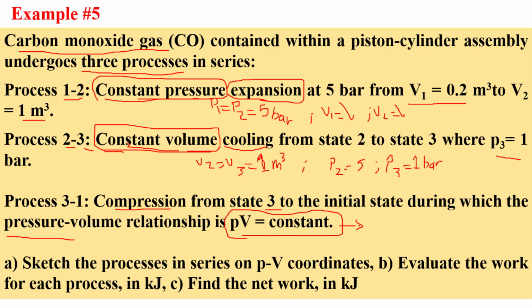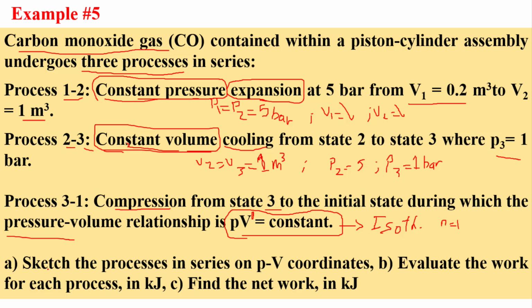We can call it an isothermal process. Why isothermal? Because n equals 1: P multiplied by V raised to the power 1.